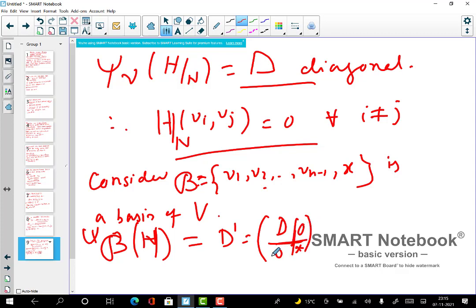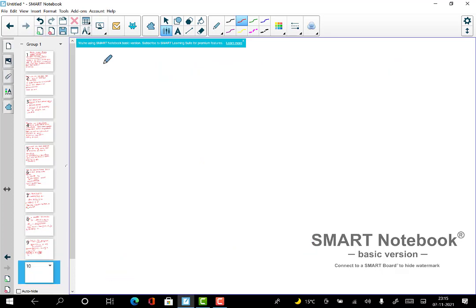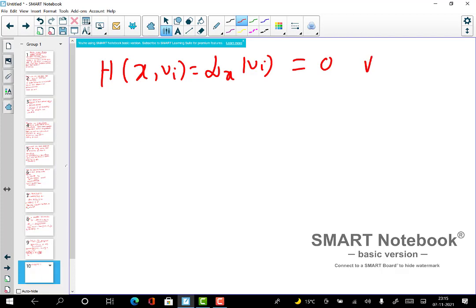Why will this be 0? These are nothing but the evaluation of x with respect to x, right? This is true, as you see, each L of x, vi, is 0 because the vi's are in the null space of x, for all i equal to 1 up to n minus 1.